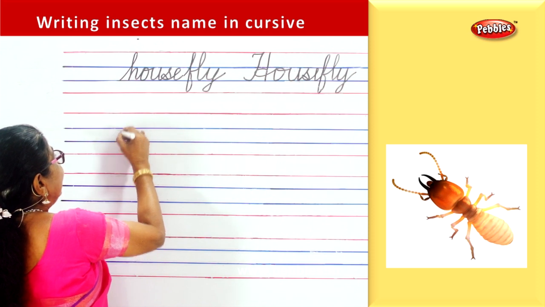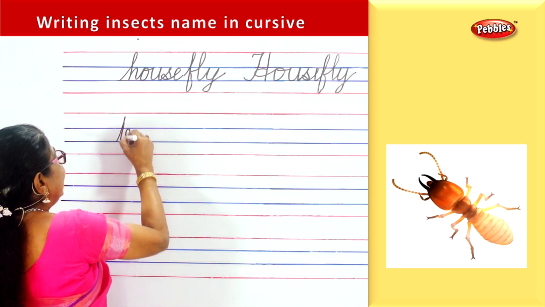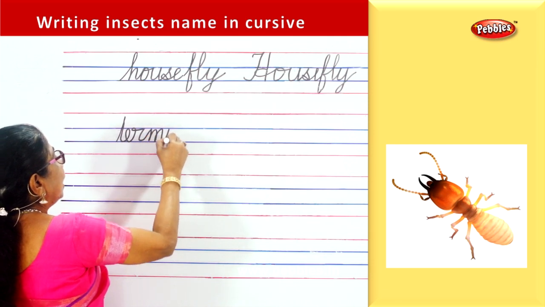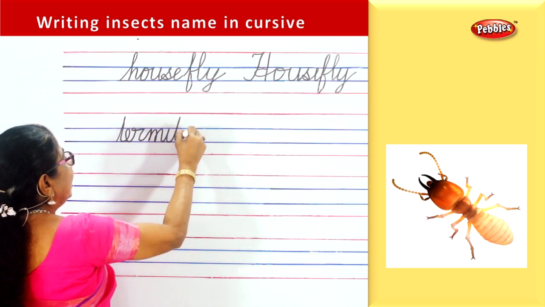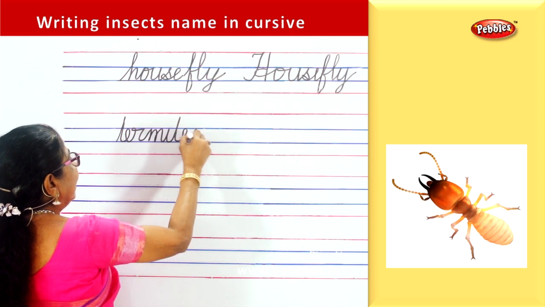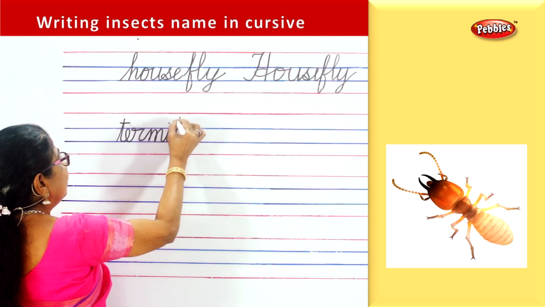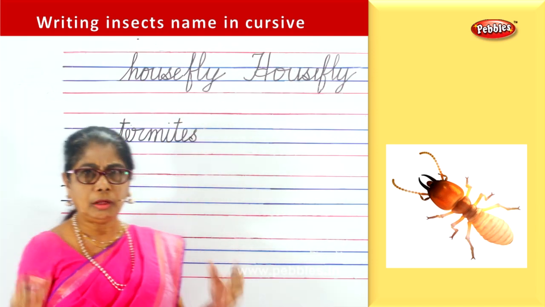Termite. Termites. Just like the ants, they also live in colonies.